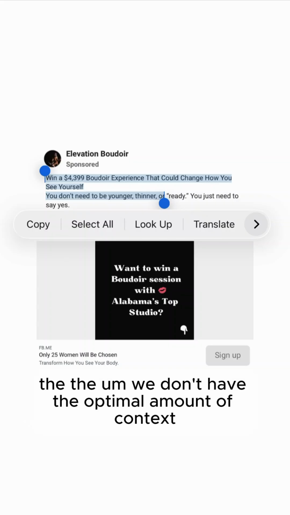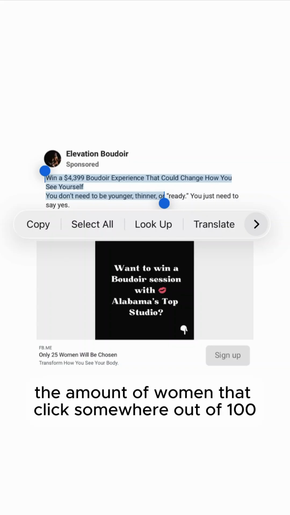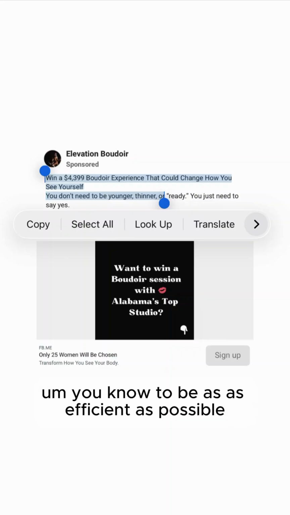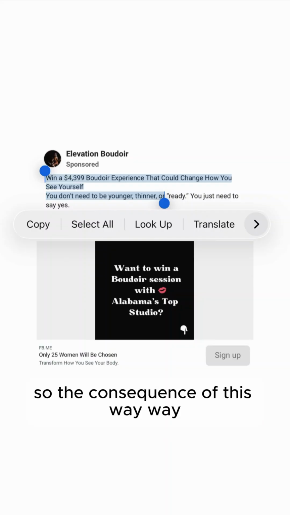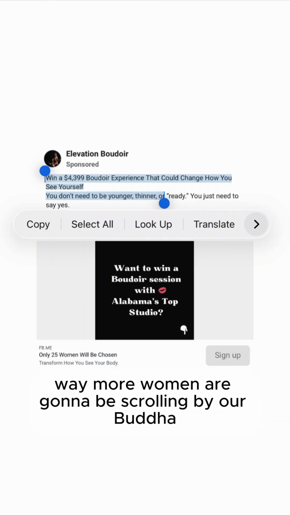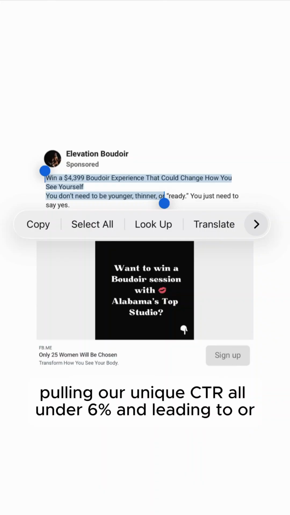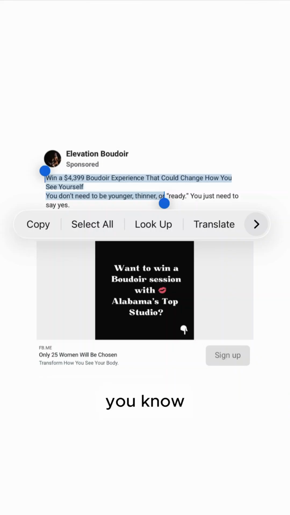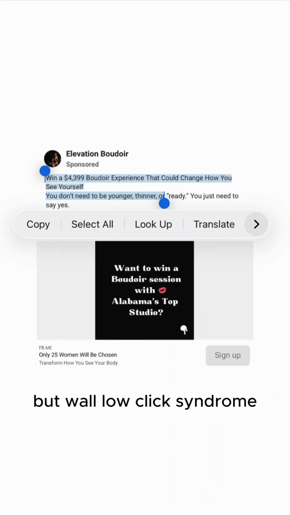We don't have the optimum amount of context, and the false belief causing us to make this mistake is that we thought we had enough context to optimize the amount of women that click somewhere on our ad out of 100, to be as efficient as possible, but we did not achieve that. So the consequence of this is way more women are going to be scrolling by our Boudoir Facebook ad than necessary, pulling our unique CTR under 6% and leading to a higher probability of BLCS, Boudoir low click syndrome.